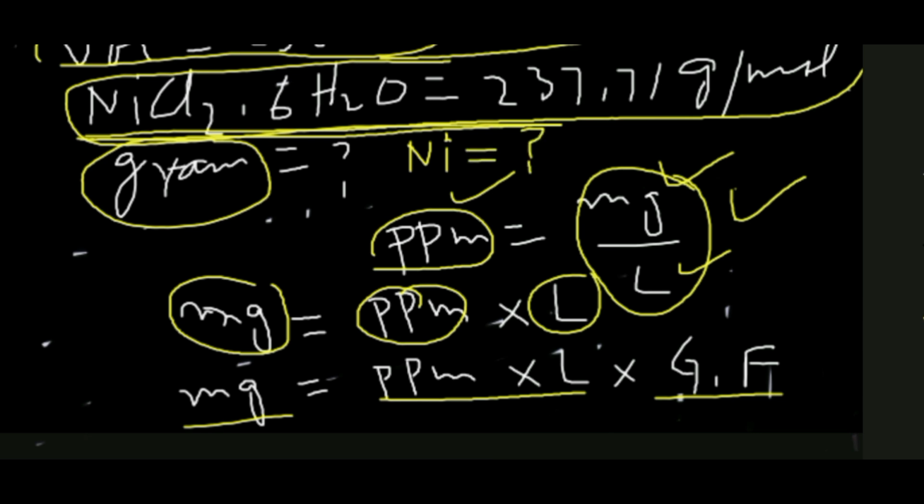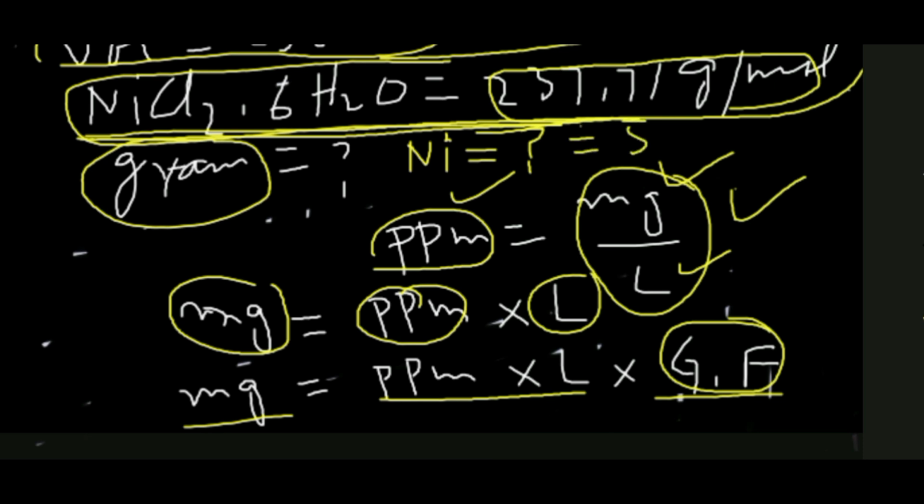So now we will first make the gravimetric factor. In order to do this, we should know the formula weight of nickel chloride, which is 237.71 gram per mole, while the atomic weight of nickel is 58.71 gram per mole.